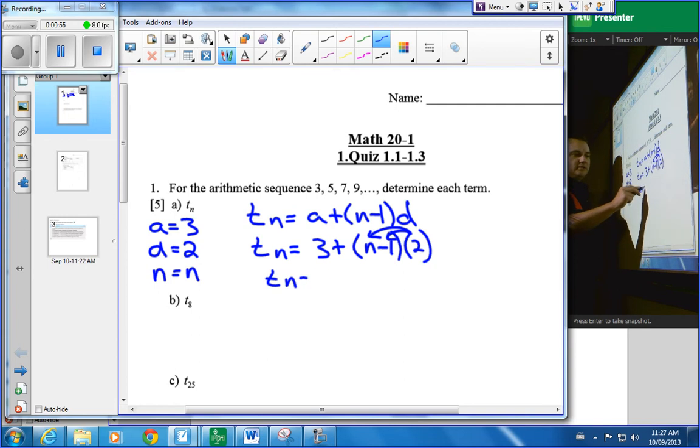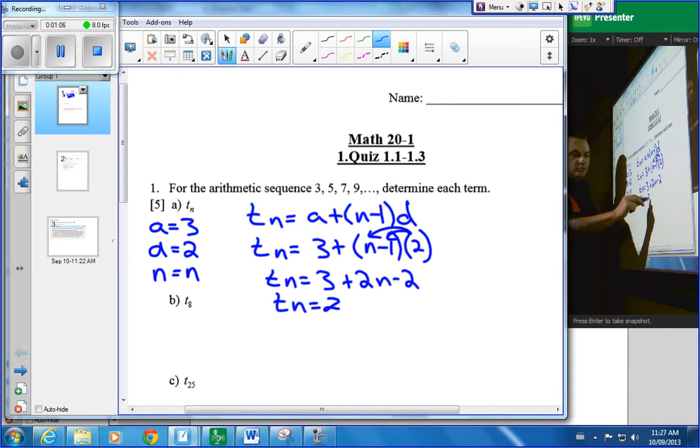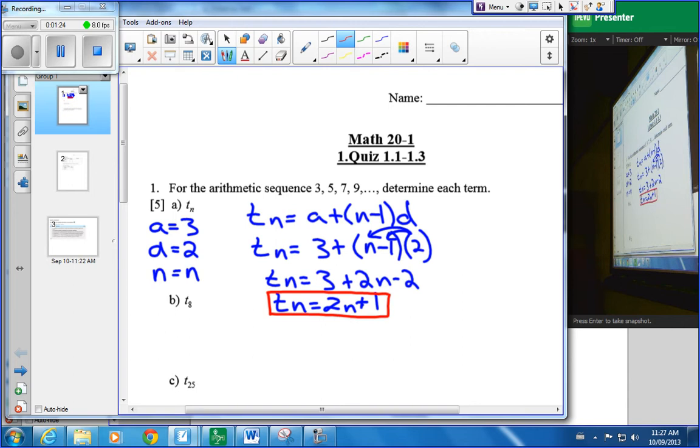Tn is equal to 3 plus 2n minus 2. Then our last would be 2n plus 1, right? I added the two like terms, the 3 and the negative 2 together, and we got a plus 1. So now that we've found that, that's the general term, right? That's the solution for this.